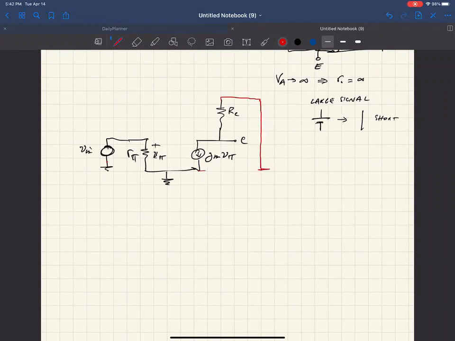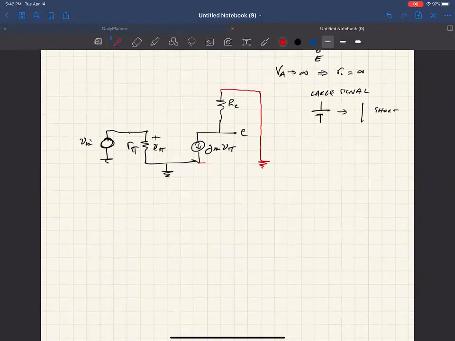I just put it up to ground here. So these are all what's called AC ground. It's both AC ground and DC ground. Basically coming from that, we're shorting those things out.